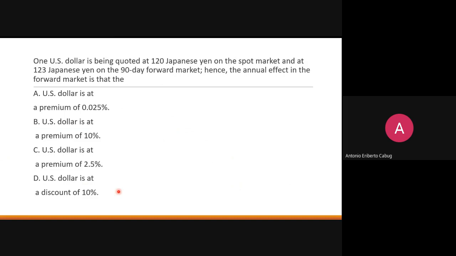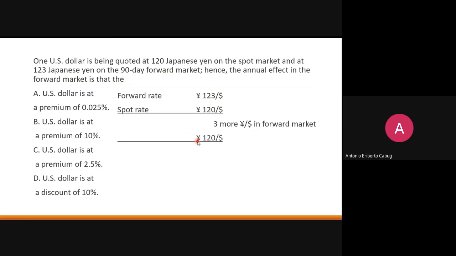All answers in now. As you can see, the dollar is valued more in the forward than in the spot market by 3 yen, 3 more yen per dollar in the forward market.